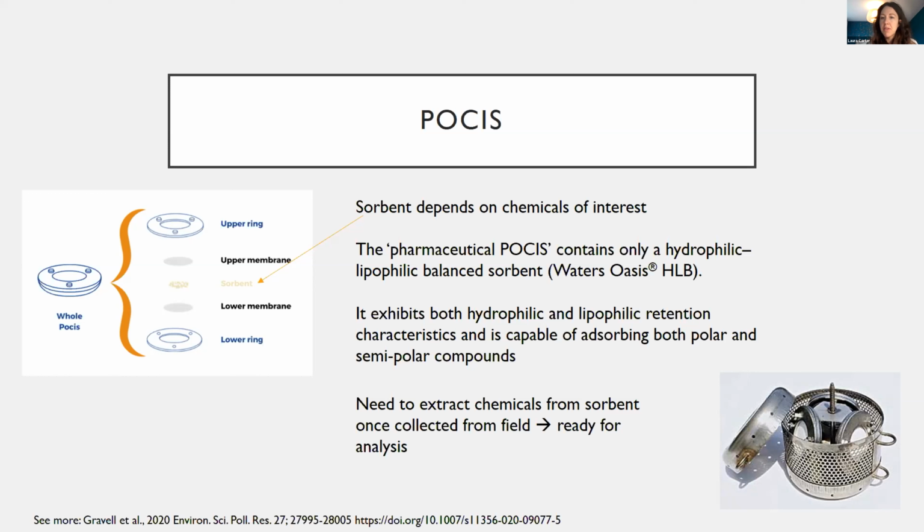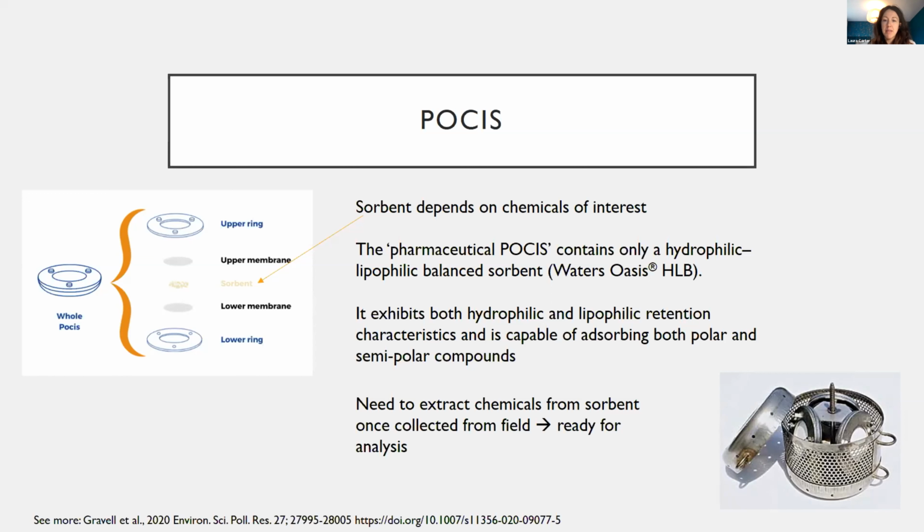And there are a number of different configurations for this sorbent material in the middle. Probably the most relevant is the pharmaceutical POCIS, and this is a hydrophilic lipophilic sorbent, and it's called the Oasis HLB, which is made by Waters. And this is a water wettable reversed phase sorbent.